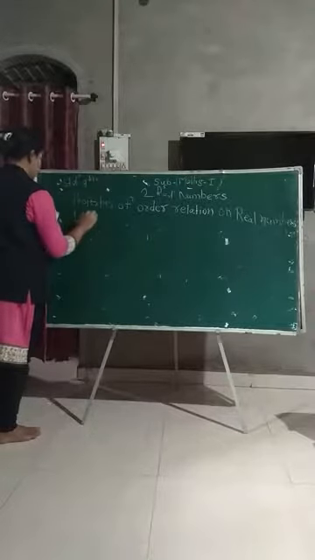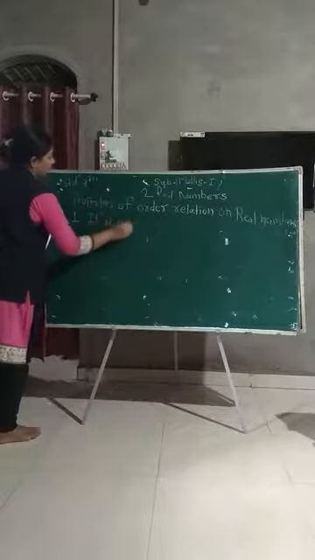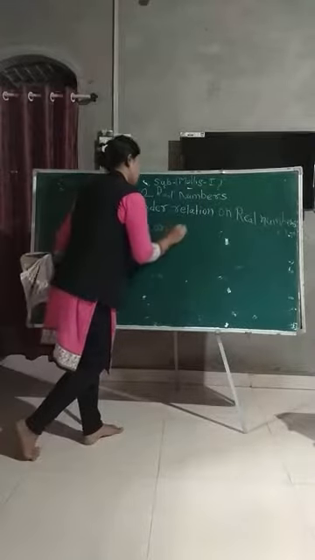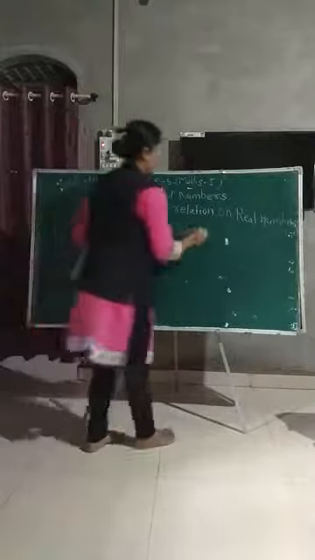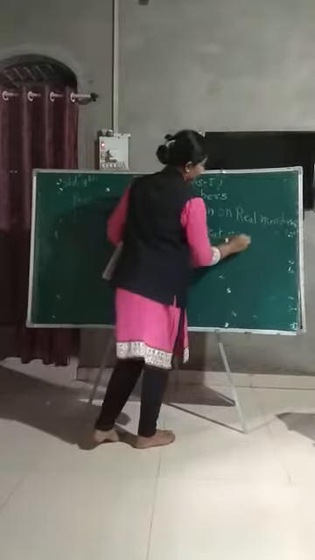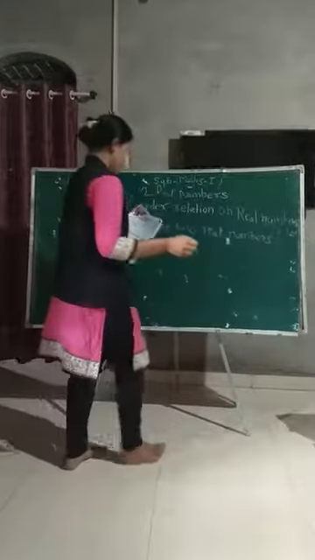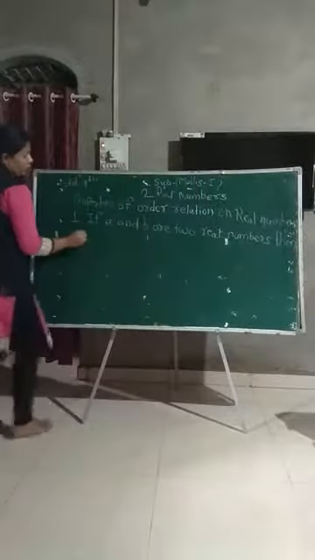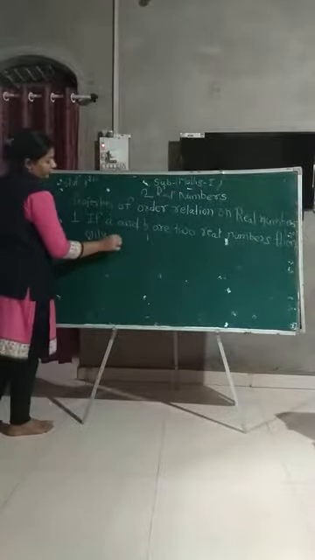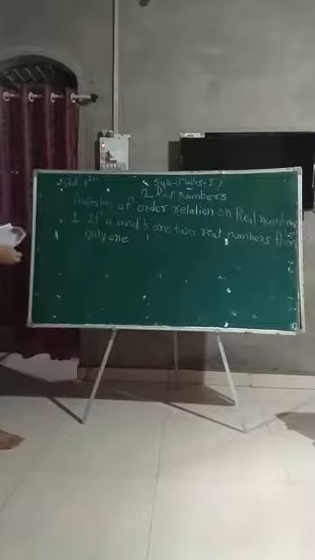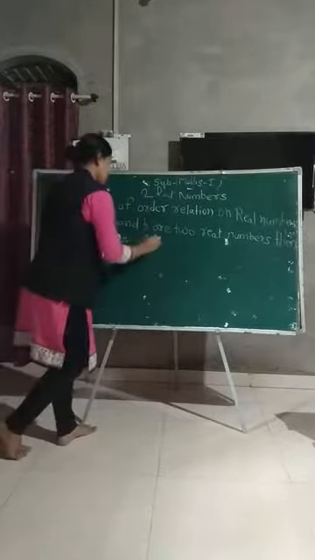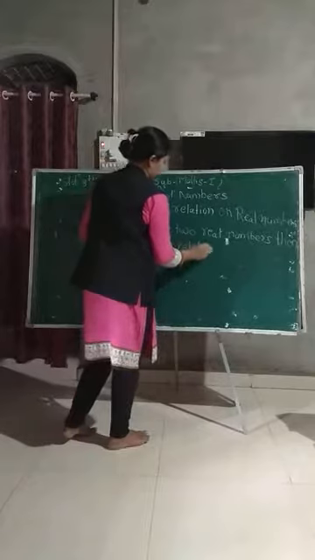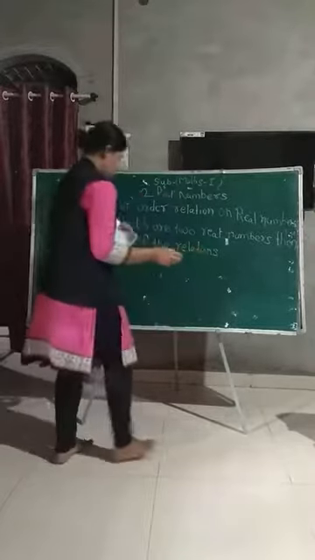First property is, if a and b are two real numbers, then only one of the relations holds good.